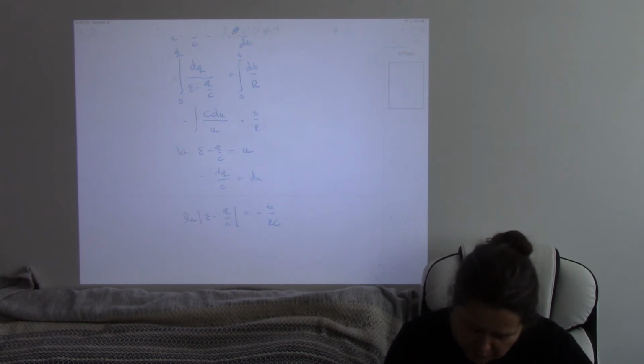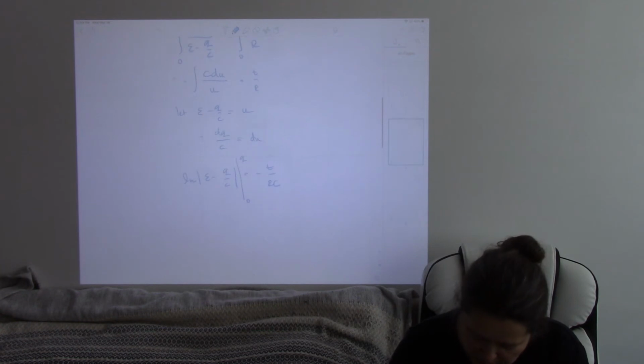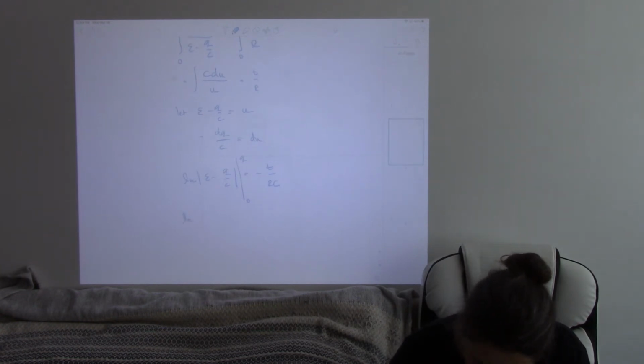And then we want to take our limits from Q equals 0 to Q equals Q. As we plug all those in, we have natural log of E minus Q over C minus natural log of E equals negative t over RC.